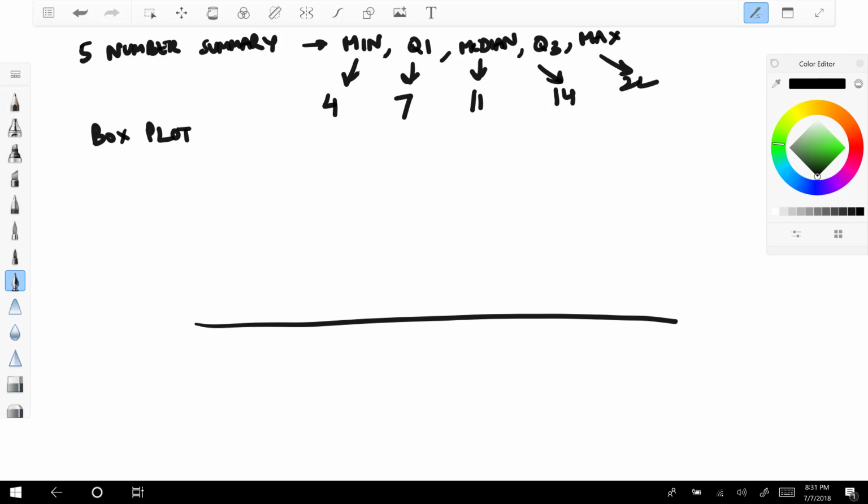So our minimum would be 4, and then quartile 1 is 7, median is 11, quartile 3 is 14, and then suppose 22 lies somewhere here.